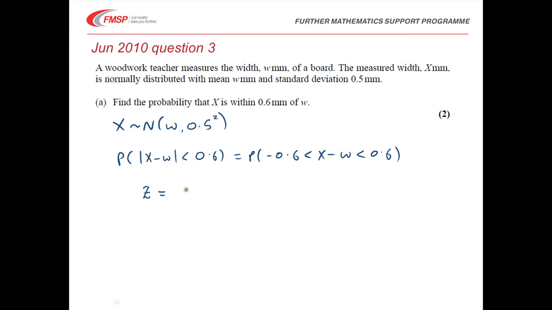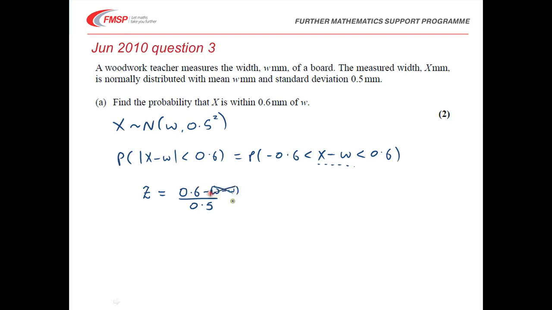The X value here, let's do 0.6 first, is 0.6 minus W over 0.5. But to do this we need to realize that the mean we're dealing with is X minus W, not W, so really we should be doing this.